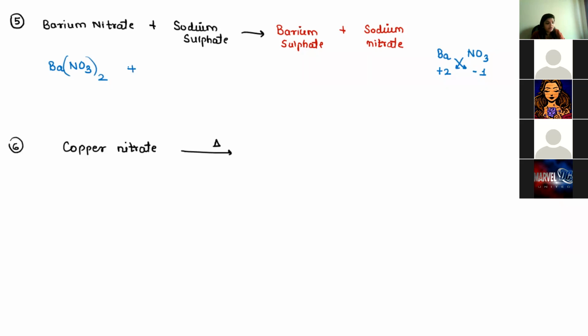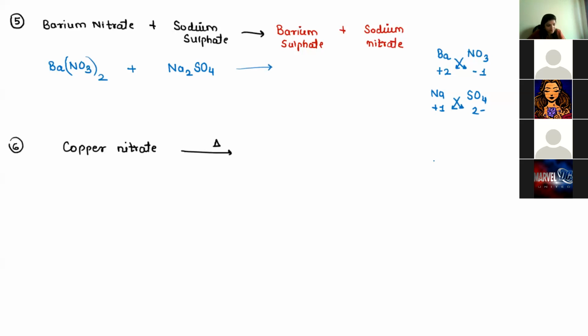Yes. Sodium sulfate formula. If you fail to write, SO4. It is Na2SO4, sodium +1 and SO4 2 minus. So yes, Na2SO4, giving you barium sulfate.